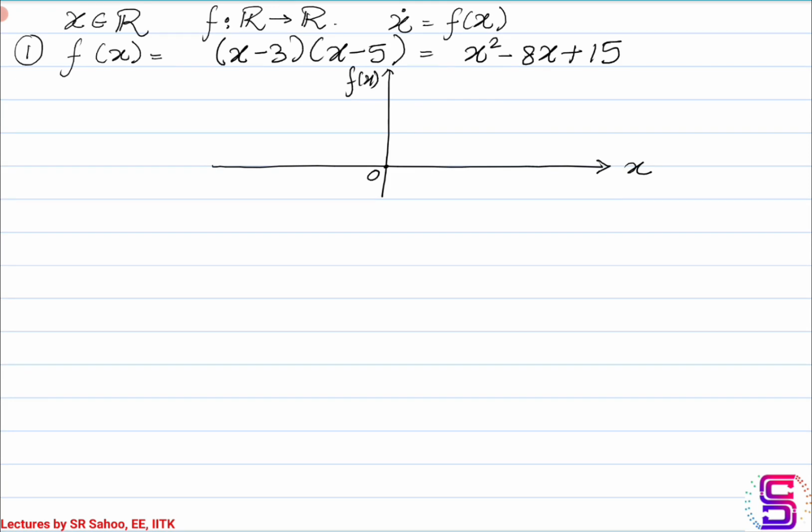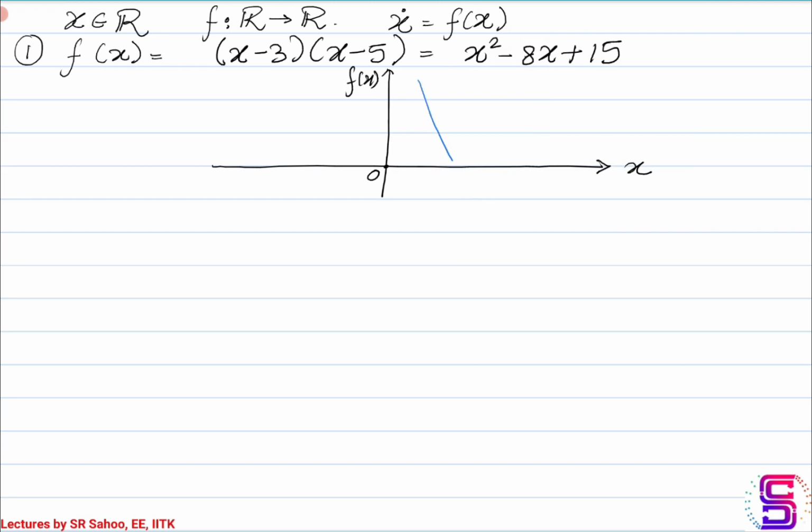Now if you plot f(x), (x minus 3)(x minus 5), then the plot is going to pass through 3 and 5. So essentially the plot is going to roughly look like this.